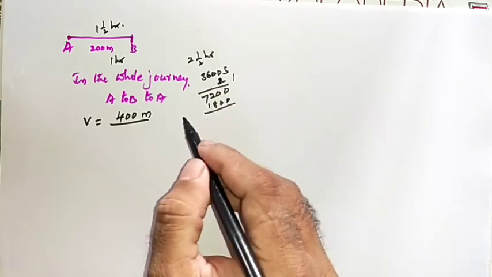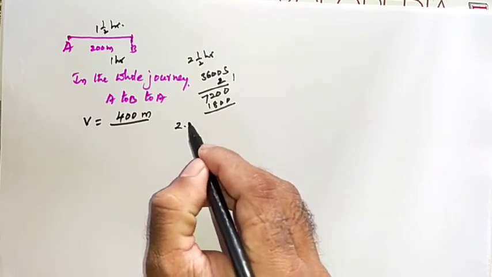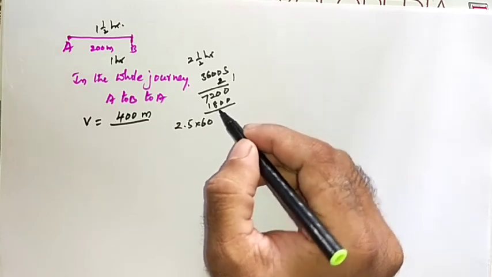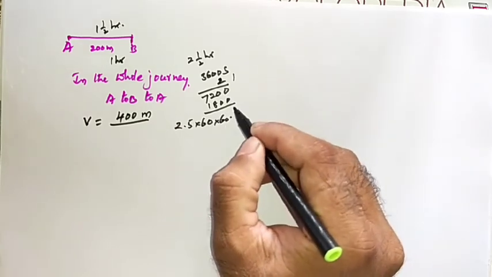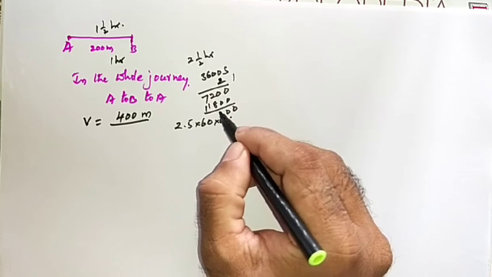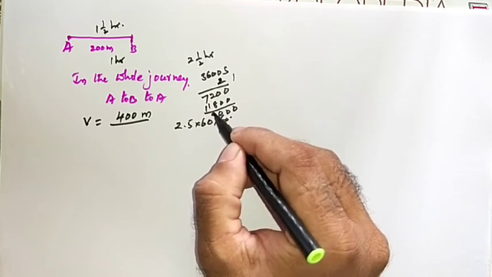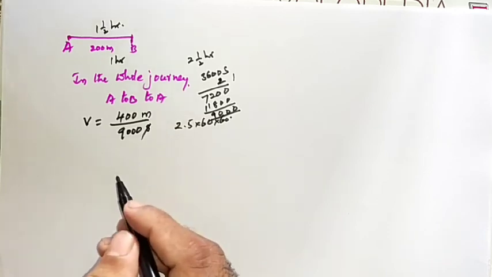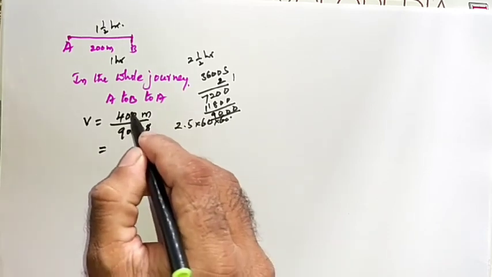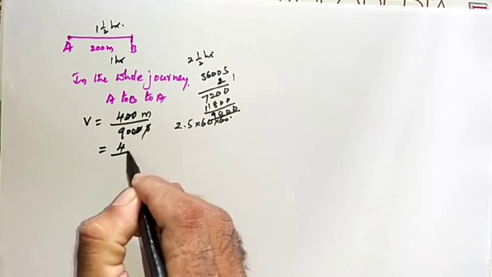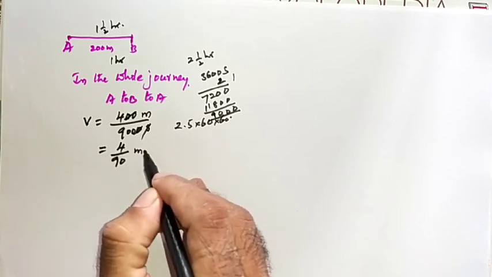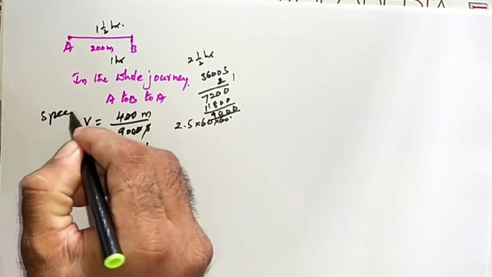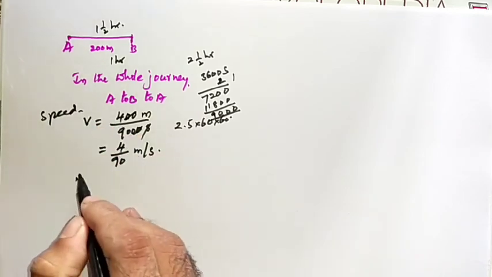Or you can calculate 2.5 into 60, into 60 again, which is 9000 seconds. So it simplifies to 4 by 90 meters per second. This is the speed of the body.